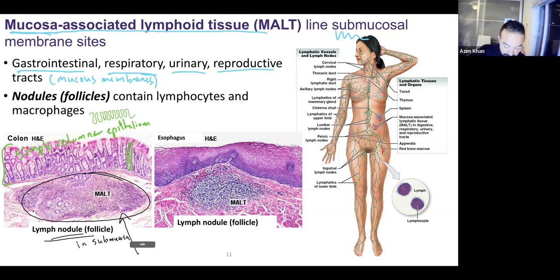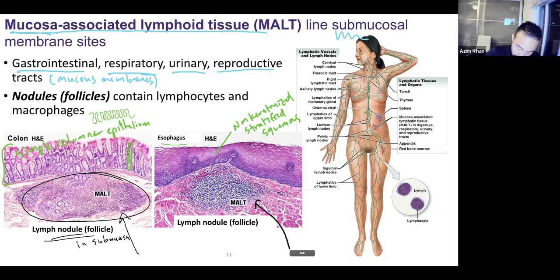Similarly, in the esophagus, which is on the right side here, we have our non-keratinized stratified squamous of the mucosa. But deep to that, in the submucosa, we have our lymphoid follicle, lymphoid nodule in the submucosa.